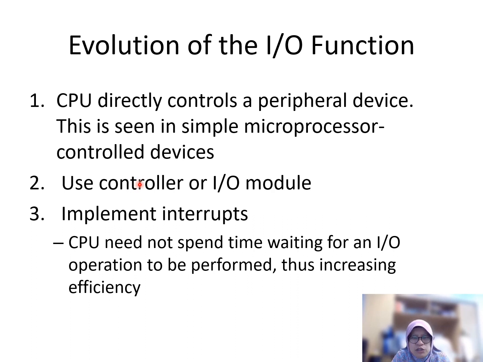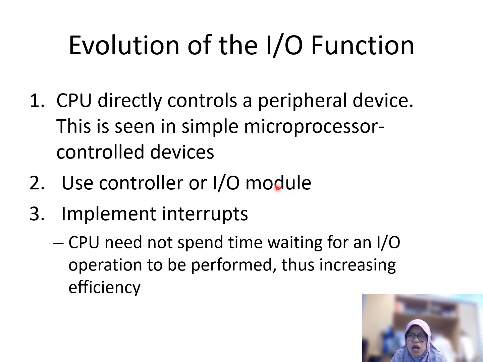As computer systems have evolved, there has been a pattern of increasing complexity and sophistication of individual components. We can summarize this. First, the CPU directly controls the peripheral device. This is seen in simple microprocessor-controlled devices. Second, a controller or I/O module is added. So the CPU uses program I/O without interrupts.